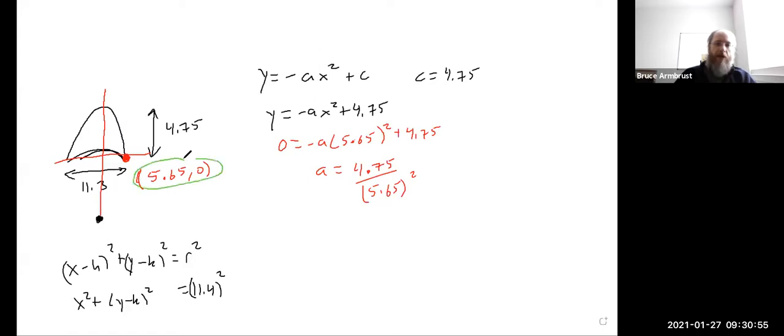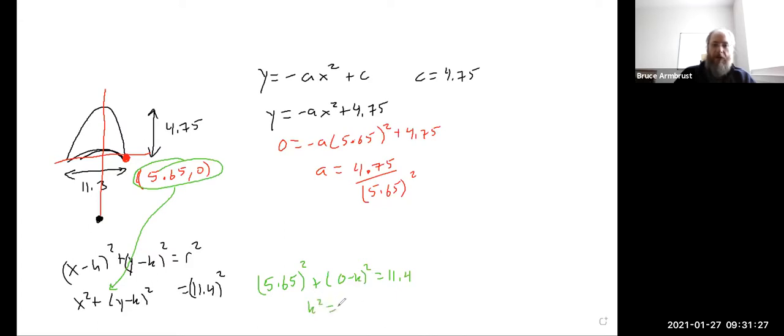So this point, (5.65, 0), is on my circle, right? So I can take that and plug those in down here. So I get 5.65 squared plus (0 minus k) squared equals 11.4.